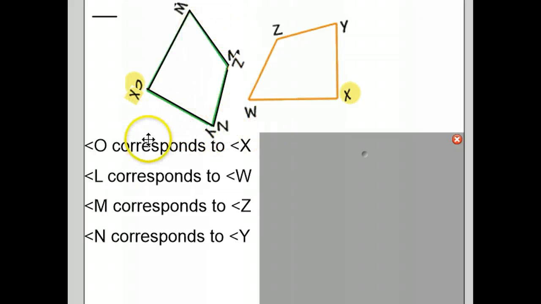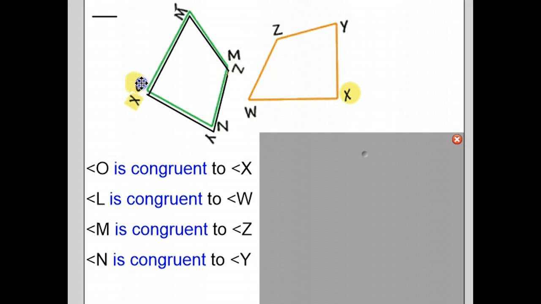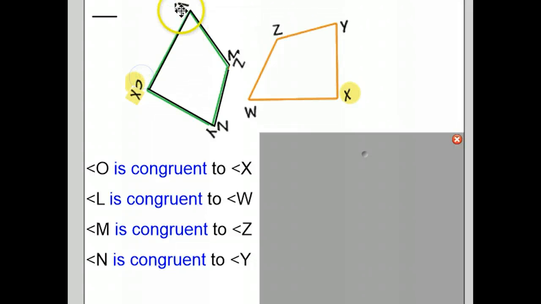Not only are the angles corresponding, but the angles are also congruent. Angle O fits entirely on angle X, angle L fits entirely on angle W, angle M fits entirely on angle Z, and angle N fits entirely on angle Y.